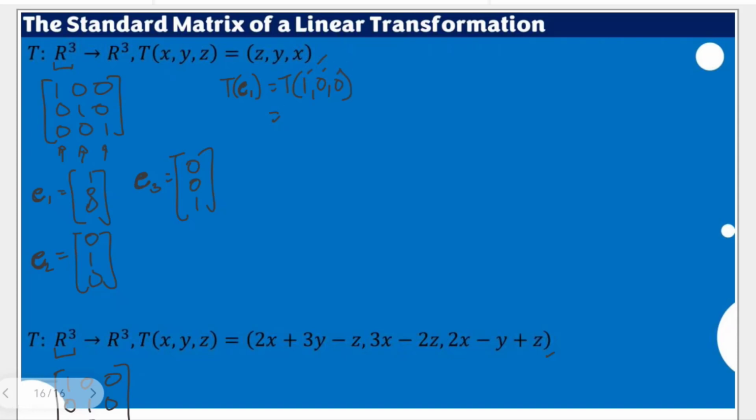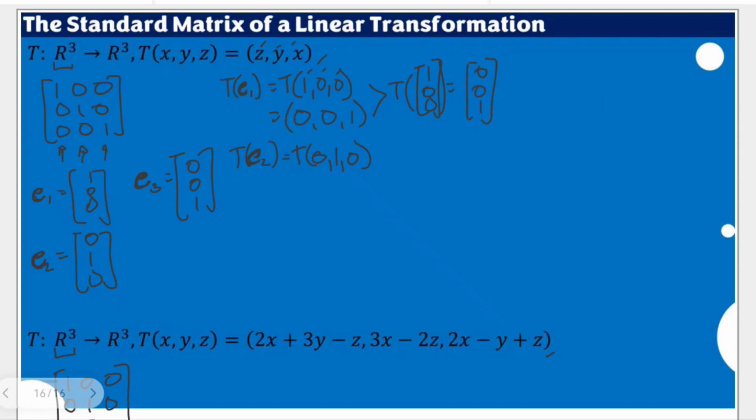And since we have here its equivalent linear transformation, that's 0, 0, and then 1. That's the linear transformation using the first column. For the second column, E sub 2 is a linear transformation of 0, 1, and 0. By the way, you could rewrite this in this manner: linear transformation of 1, 0, 0 is equal to 0, 0, 1.